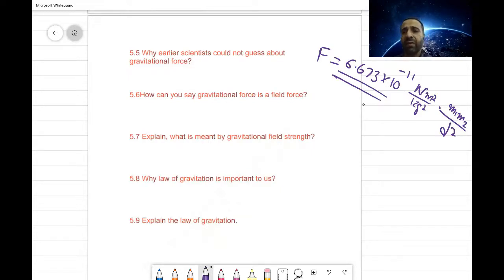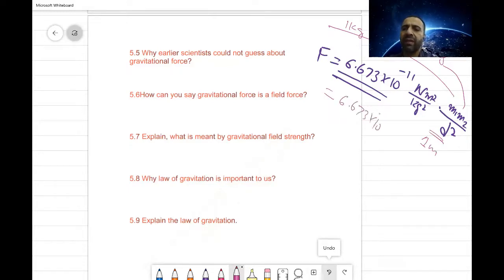For example, if you have two 1 kilogram masses and they are 1 meter apart, what will be this force? 6.673 into 10 raised to the power minus 11 Newton.